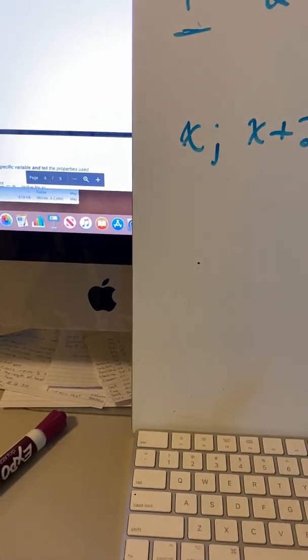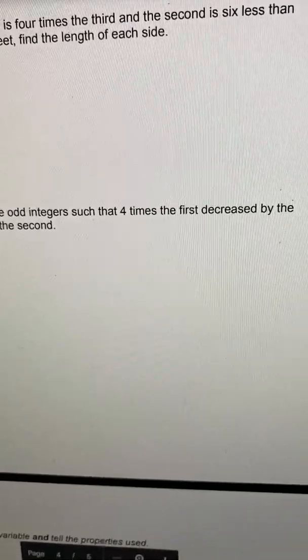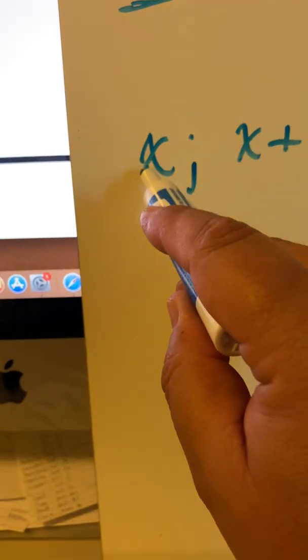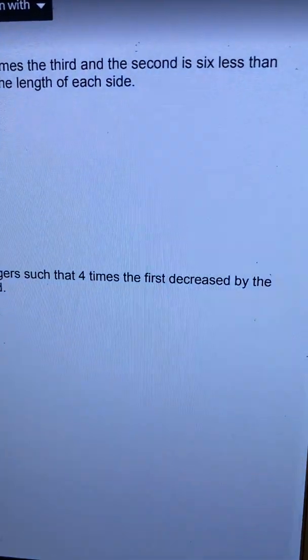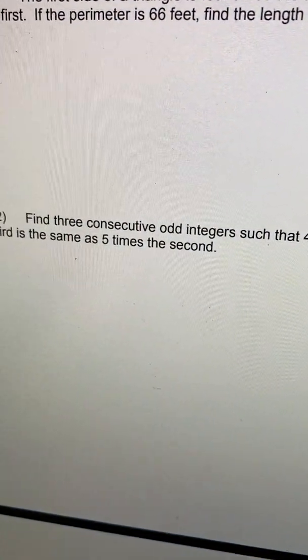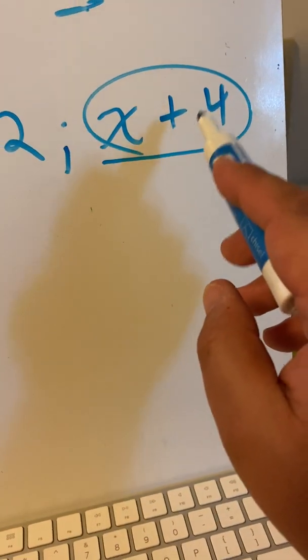We're not done. It says find 3 consecutive odd integers such that 4 times the first, decreased by the third. Here's the third. Decreased by the third.